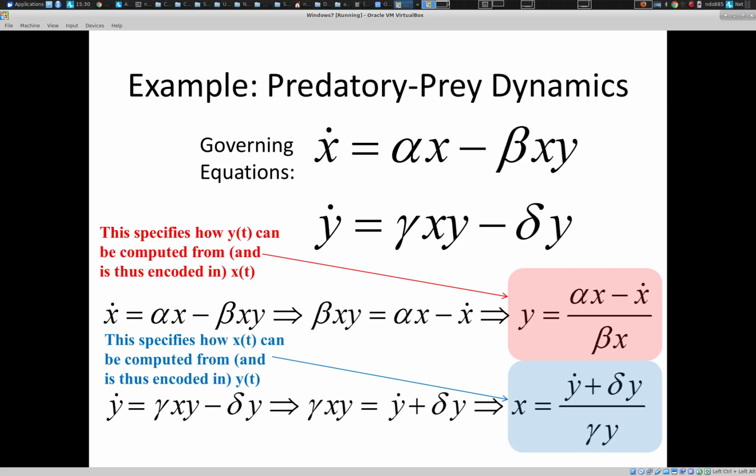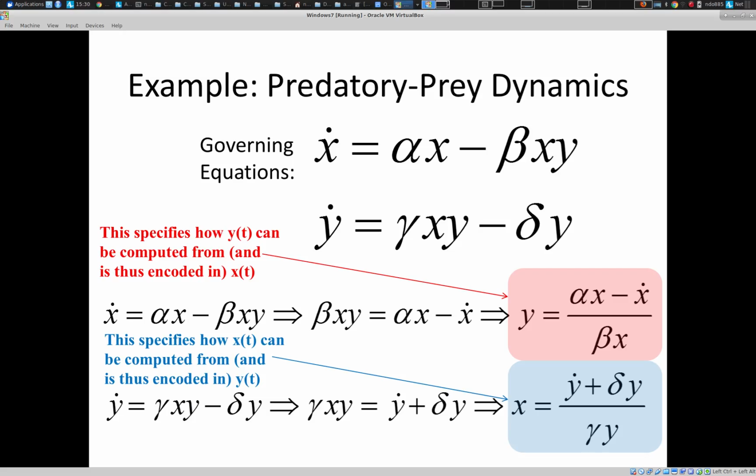They're coupled, and therefore you can reconstruct one from the other. There's enough information in observations of x that I can reconstruct what y is. There's enough information in y that I can reconstruct x as a function of time from observations only of y.